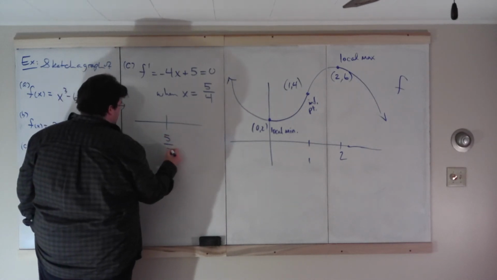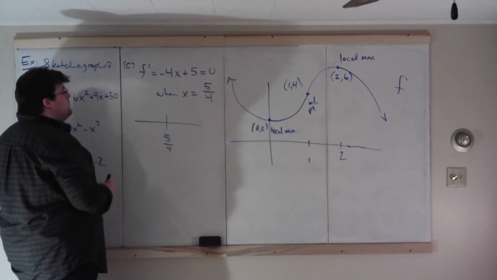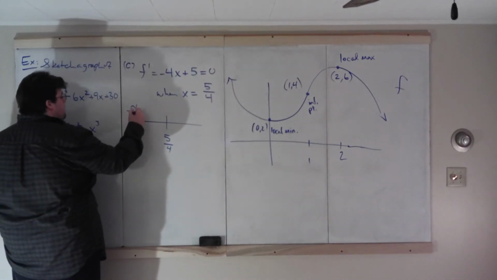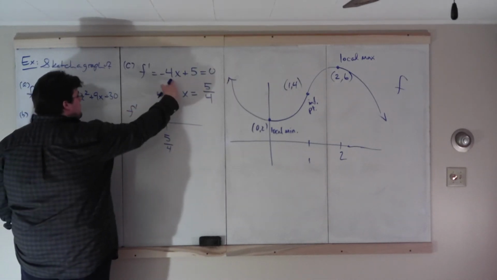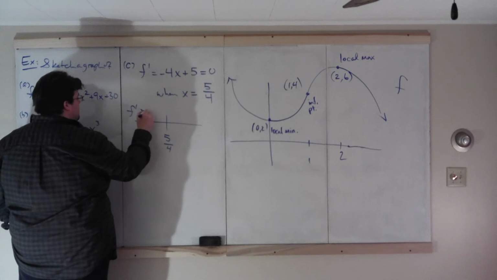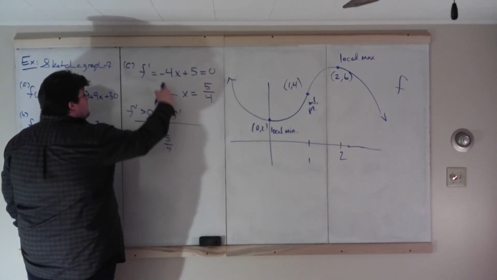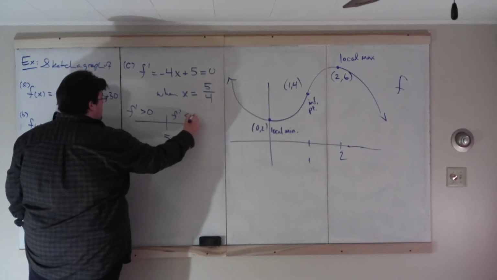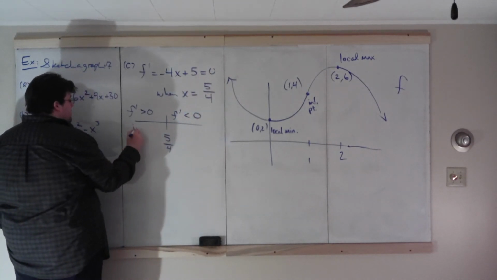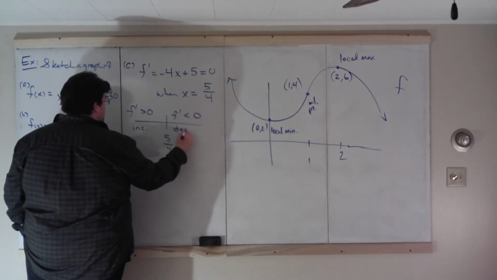We'll split our interval at 5 quarters. First derivative over here, pick 0. At 0, the first derivative is positive. First derivative over here at, say, 2, negative 8 plus 5 is negative. So here the function is increasing, here the function is decreasing.